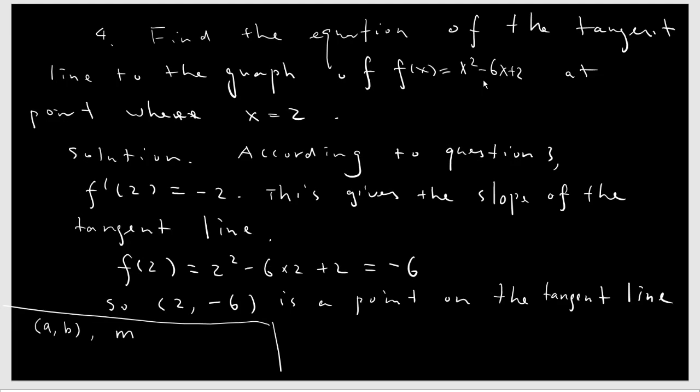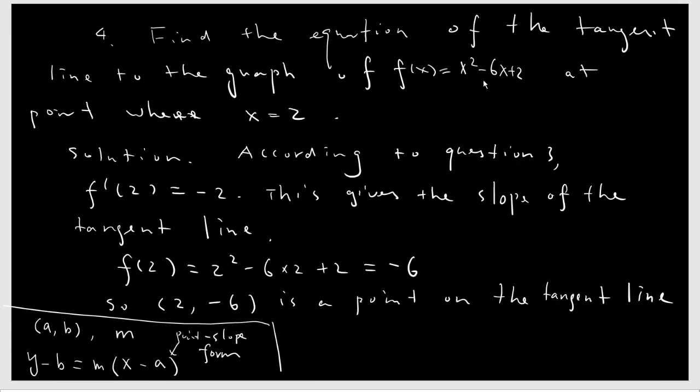The point-slope form of the line is y minus the y-coordinate of the point equals the slope times x minus the x-coordinate of the point. Remember that? Okay. After that, we can get the equation of the line.